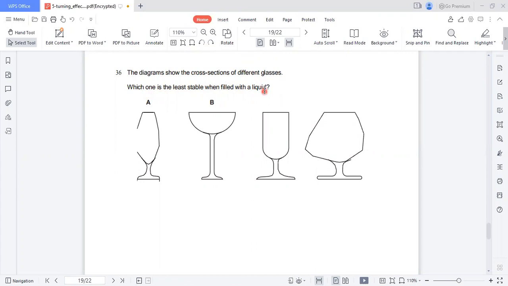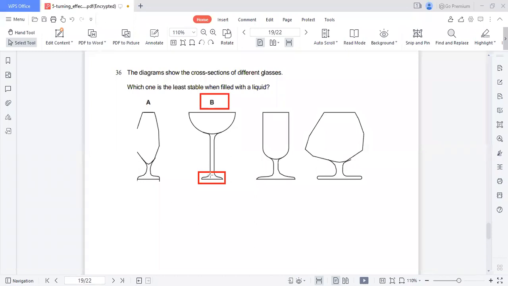Let's compare their centers of mass when liquid is filled in them. In the case of B, you can see its base area is very small compared to the rest of the glasses.